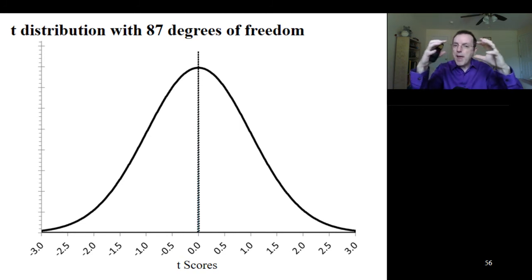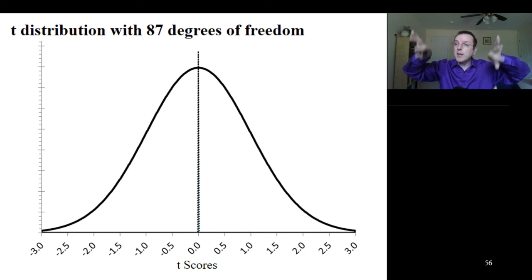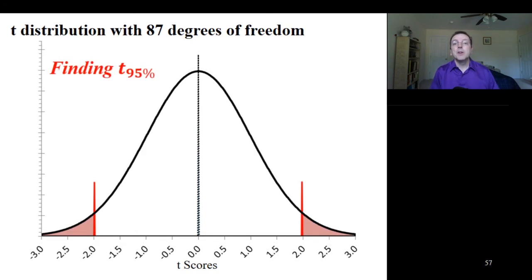Now, if it bounds 95% of the scores, then that means 5% of the scores are more extreme than that value, split evenly between both of the tails. So we need the t-score where 2.5% are above the positive value of that score, and 2.5% are below the negative value of that score.